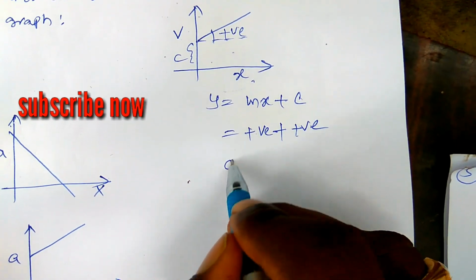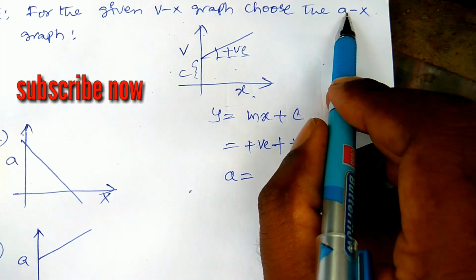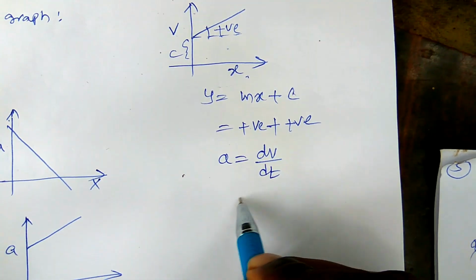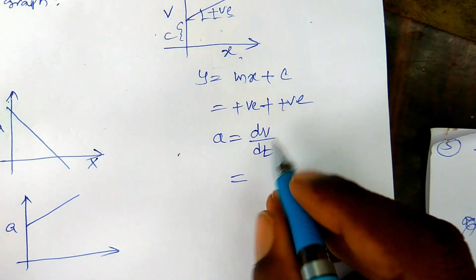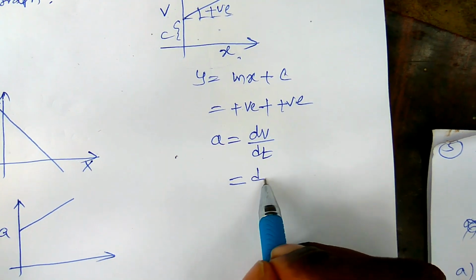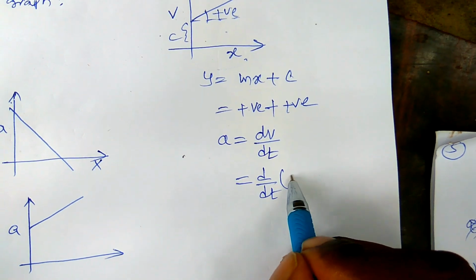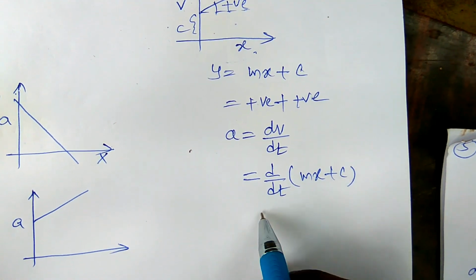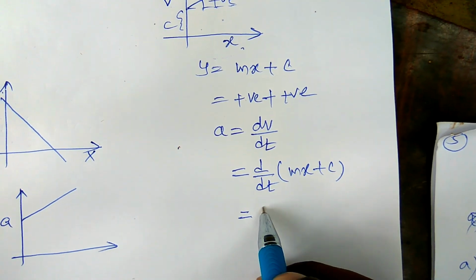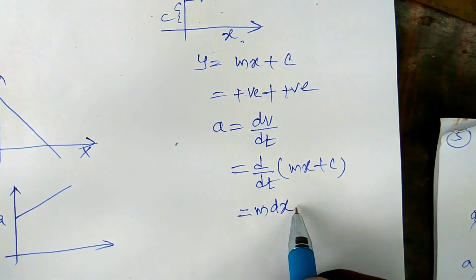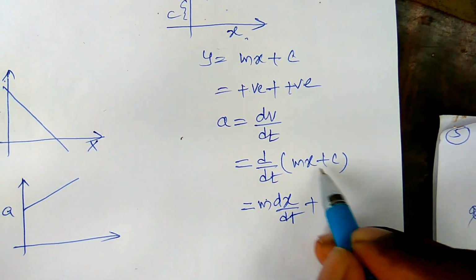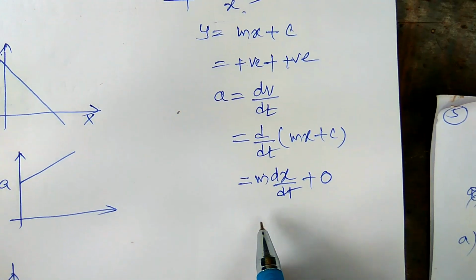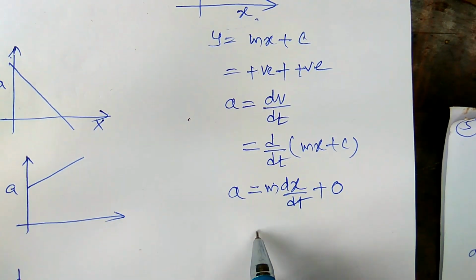Coming to the acceleration, we need acceleration and displacement. Acceleration is equal to dv by dt. So we write v equals mx plus c, and d by dt of mx plus c gives m into dx by dt plus d by dt of the constant, and the derivative of a constant is equal to 0.